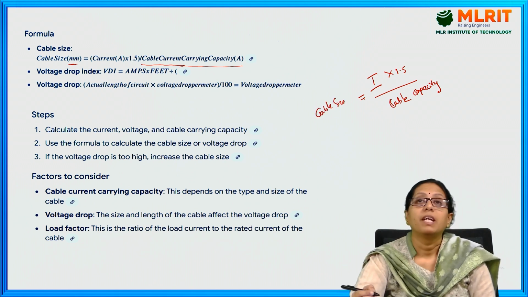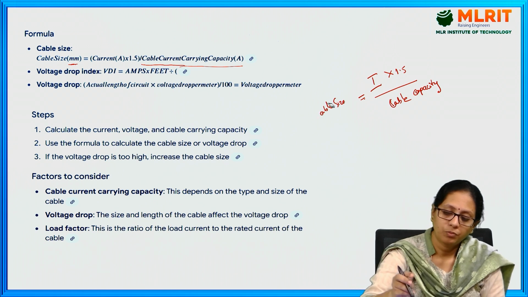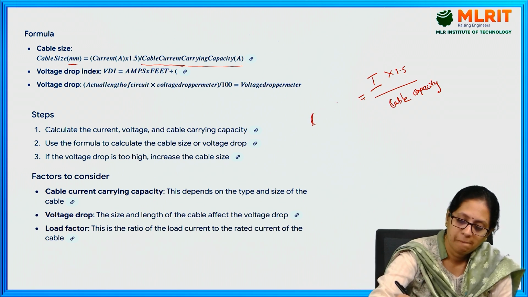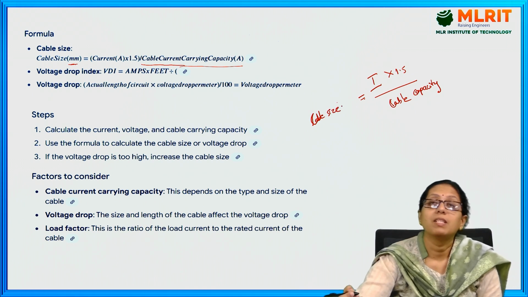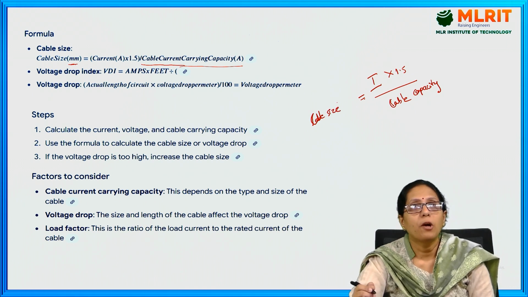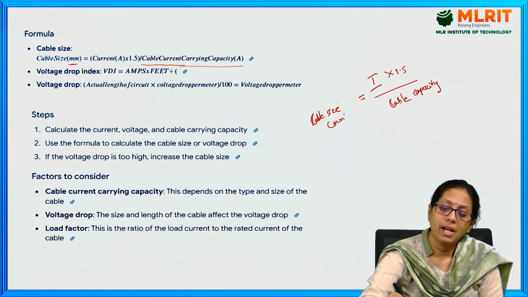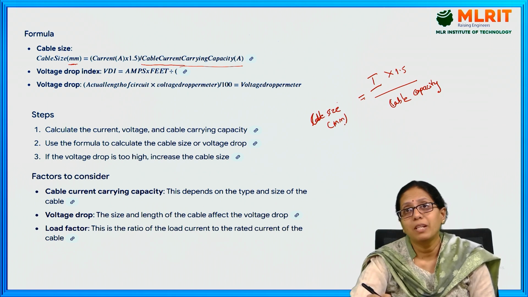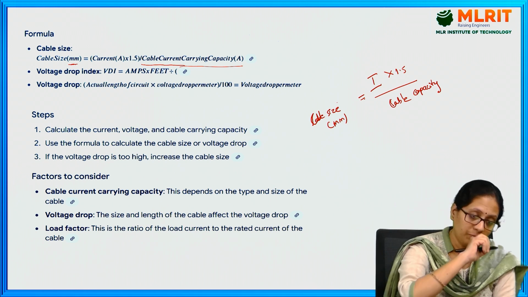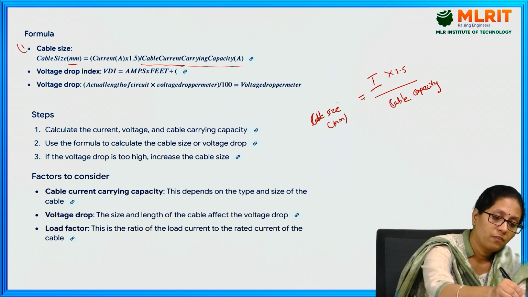So the cable size is equal to current into 1.5 divided by the cable overall current carrying capacity. Based on this, we will decide the diameter in millimeters of a particular cable. This is your first calculation.